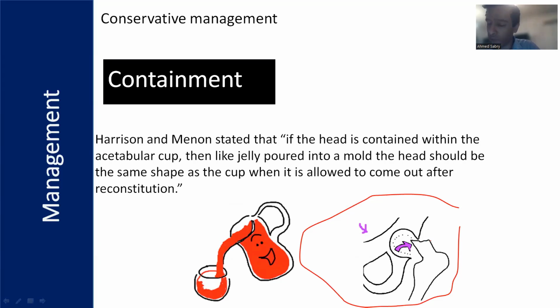If he's left like this on the long term, the femoral head will reform. However, it won't be placed in the mold, so he'll have a deformed hip. So we have to return the femoral head or the femoral neck back into the mold so that it can form a spherical femoral head, kind of like jelly.